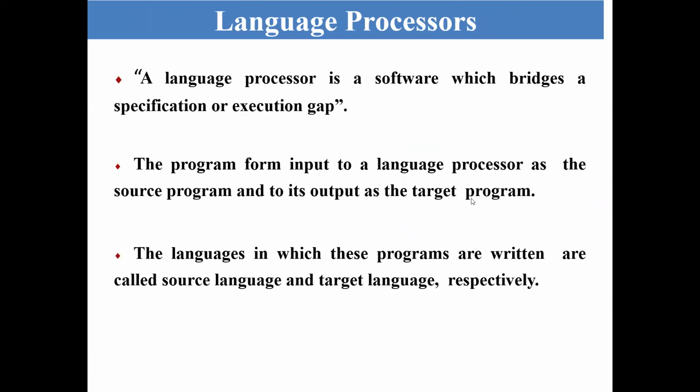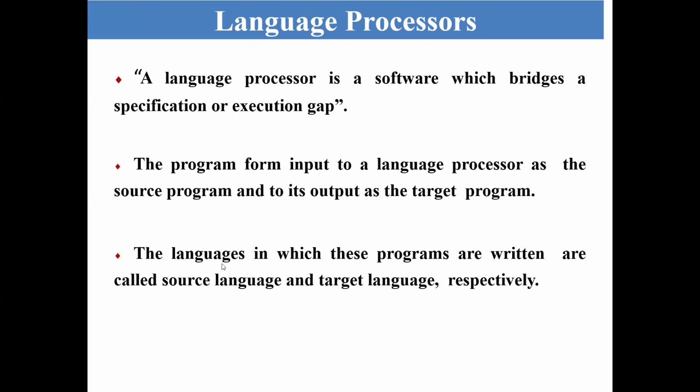Now the next one, these are the definitions of the language processor. A language processor is software which bridges a specification or execution gap. The program forming input to the language processor is the source program and its output is the target program.